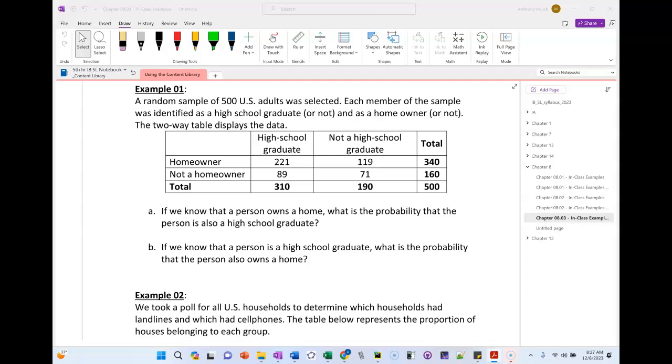So the probability should be P of graduate and homeowner, 221, divided by homeowners. So how many total homeowners do you have? 340, right? So it should be 221 over 340. Is that okay?